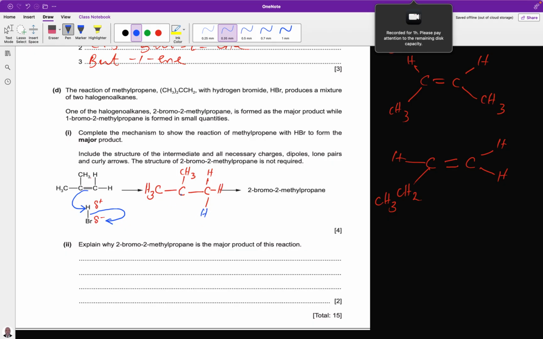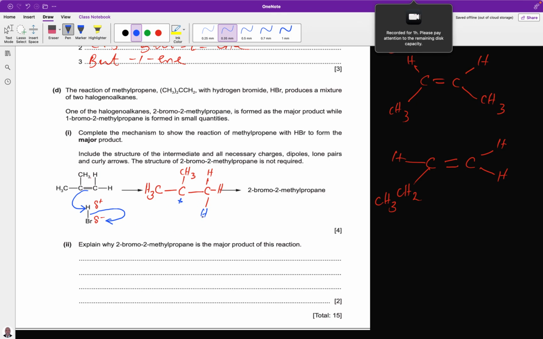And there is a carbocation that is formed here.